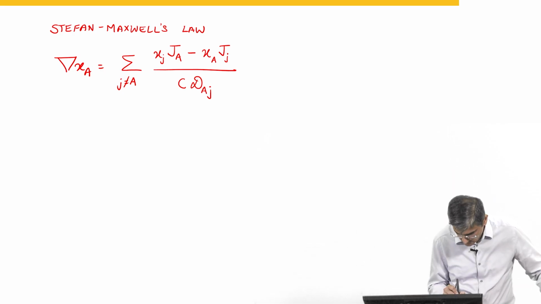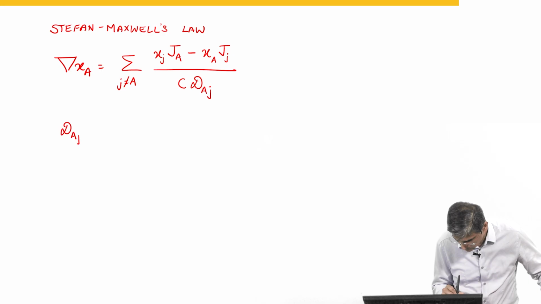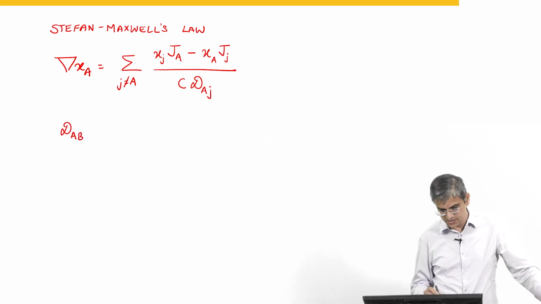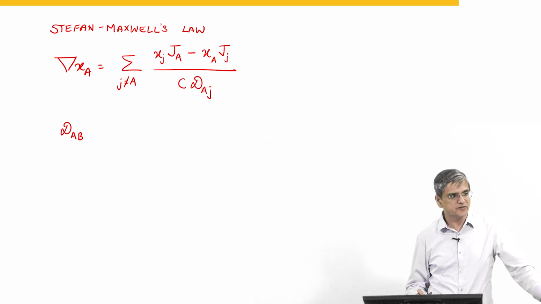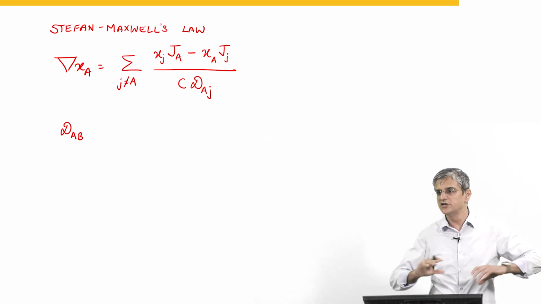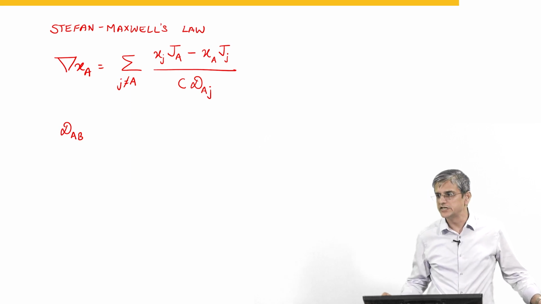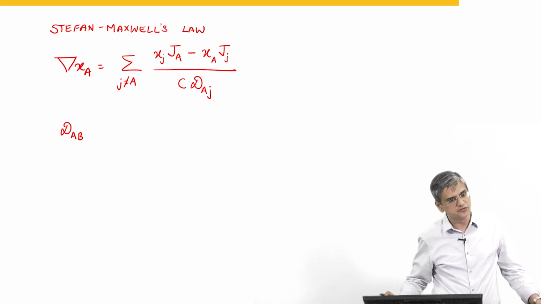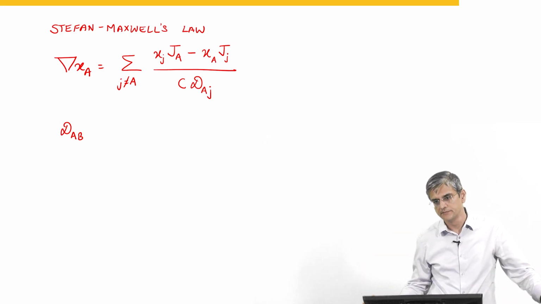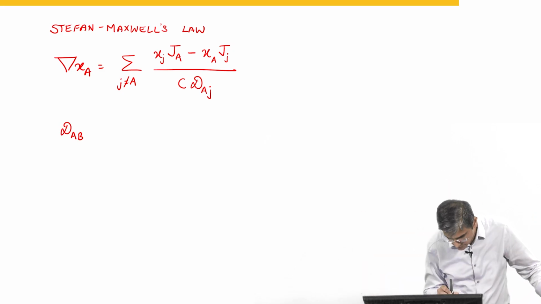Okay, or let us say DAB is diffusivity of A, how A diffuses in a medium full of B. Diffusivity dBA is how B diffuses in a medium full of A. Okay.